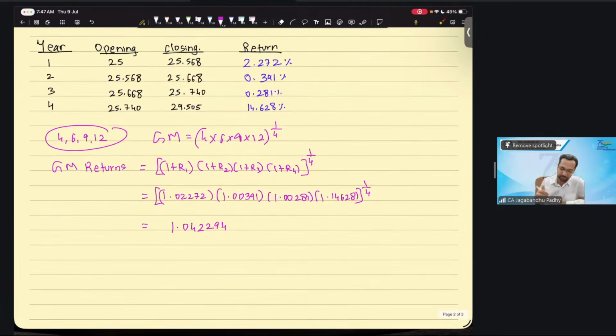Okay. So from this we are going to subtract 1 because this is the value of 1 rupee, or average value of 1 rupee after a year. So when I subtract this, answer comes out to be 4.2294%.